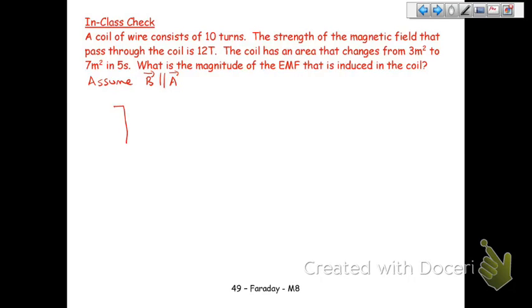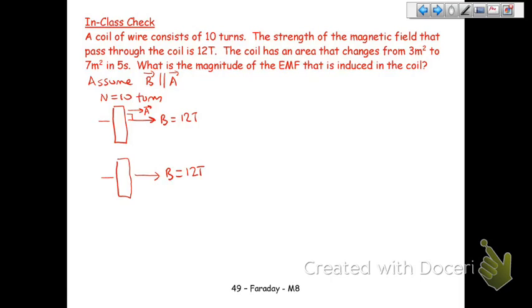So I draw it, and I say N equals 10. And then I say, well, this B is equal to 12 Tesla, and that's 90 degrees. So that means my A is there. And then later on, my B is equal to, again, 12 Tesla.